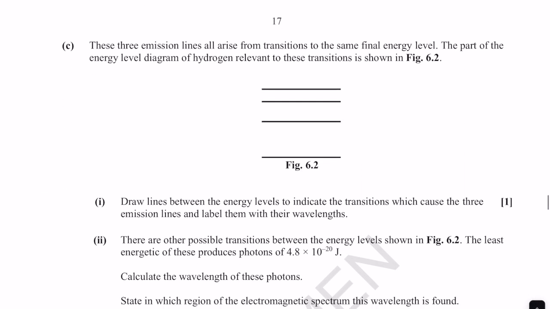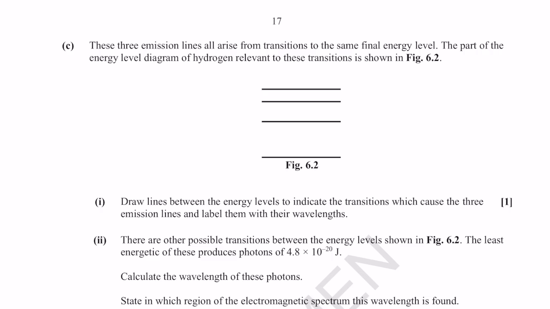Part C says these three emission lines all arise from transitions to the same final energy level. The part of the energy level diagram of hydrogen relevant to these transitions is shown. Draw lines between the energy levels to indicate the transitions which cause the three emission lines and label them with their wavelengths.